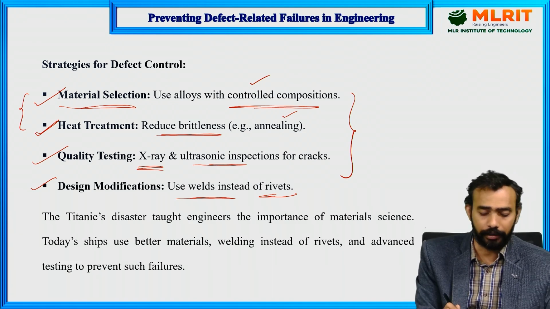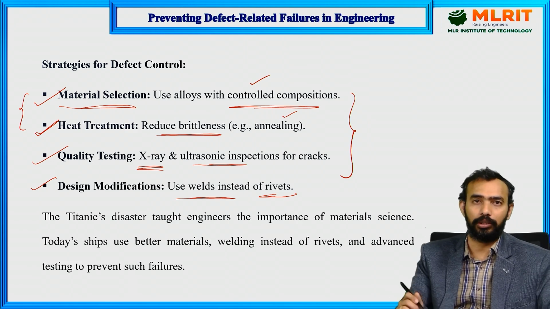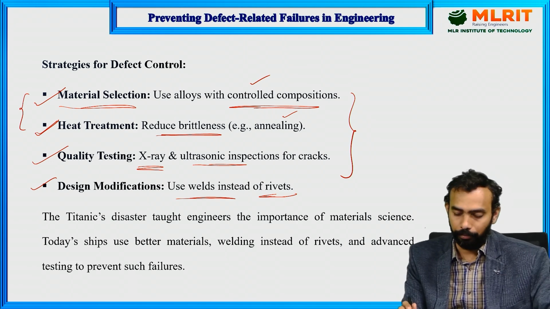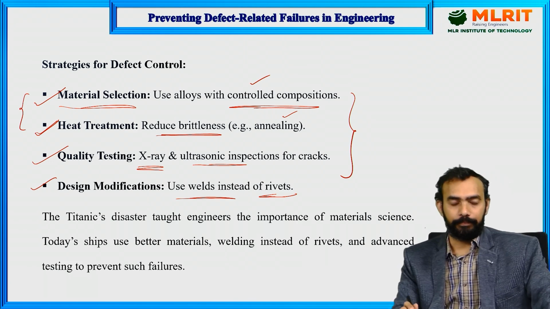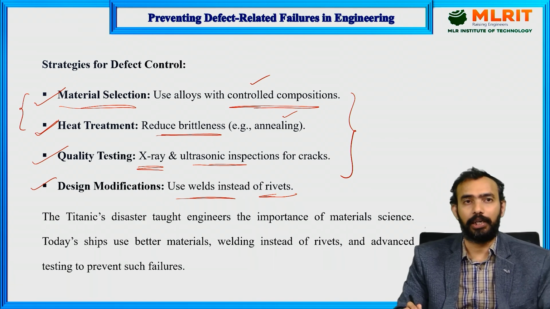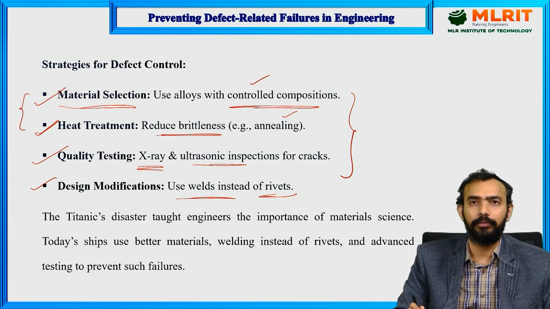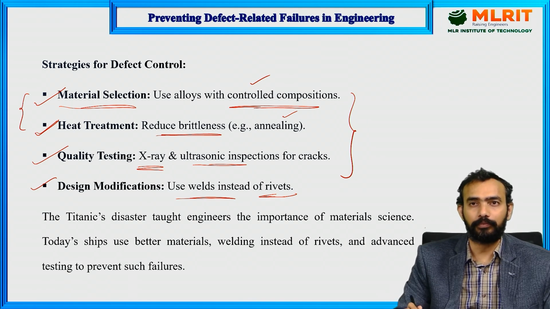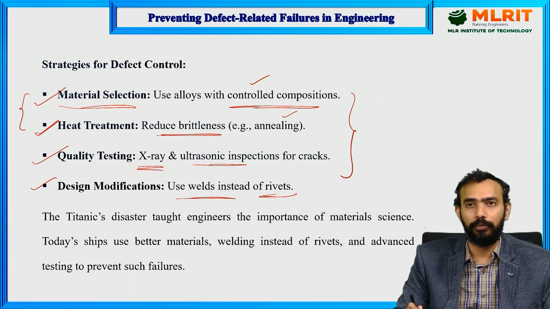And the Titanic disaster taught the engineers the importance of material science. In this catastrophic failure, we have to learn from what has happened. We cannot change what has happened, so we have to learn from our experiences, from our failures.